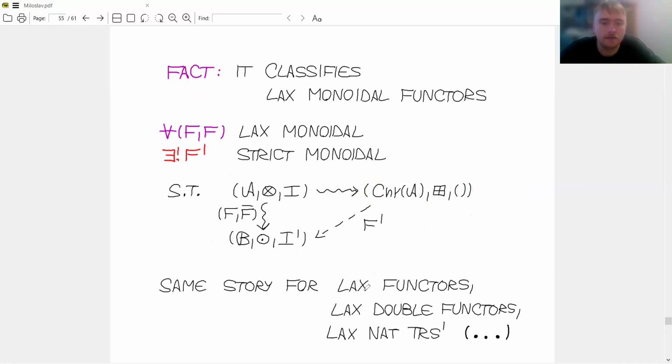And the same story holds for Lex functors or Lex double functors or Lex natural transformations. So in the case of Mark Weber, he used the category of corners to compute, for example, the best symmetric monoidal category containing a commutative monoid. And to answer questions like this, he used the construction.